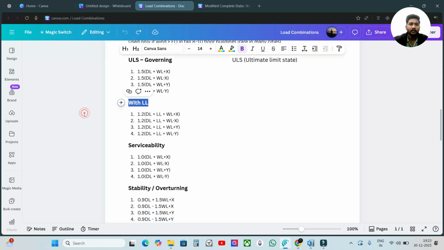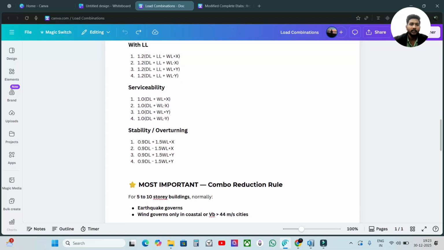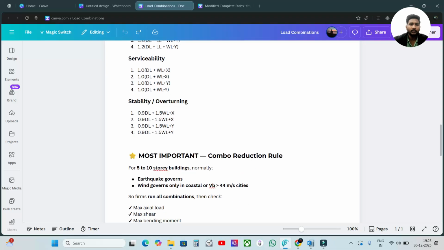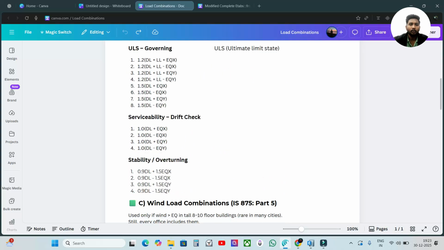With the live load added, we take the same in the form of 1.2 times dead load plus live load plus wind load plus X minus X plus Y minus Y. Then for serviceability we take the unfactored load as dead load plus wind load in X. Same with the stability overturning: 0.9 times dead load plus 1.5 wind load plus X. These are some of the load combinations. These are the 36 load combinations that we take.